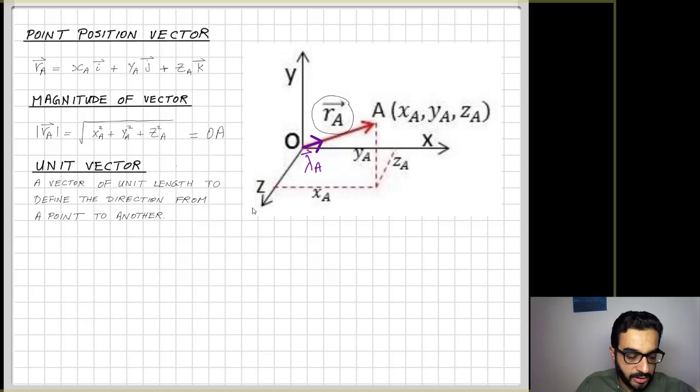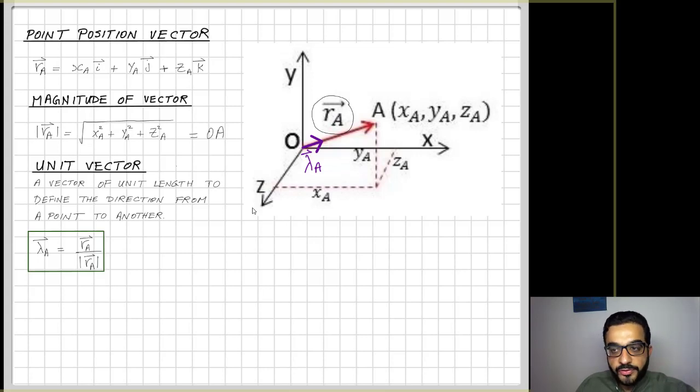If it's international units, it will have a 1 meter length. So lambda_A, the unit vector of A, is equal to the vector R_A divided by the magnitude of R_A. So it's the position vector over its magnitude. To simplify, you just divide every component by the magnitude of the vector, and you will end up with the unit vector.